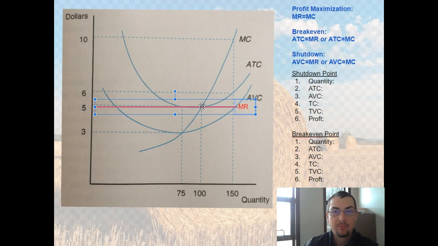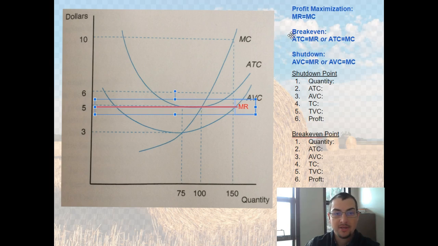So your break-even point, the point where you are covering all of your costs, but you're not making any more money and you're not losing any money, that's going to occur where marginal revenue equals marginal cost equals average total cost. It's where all three of those are equal.